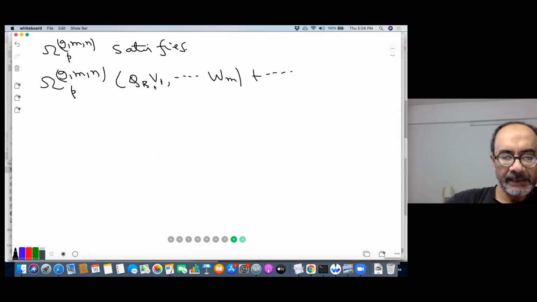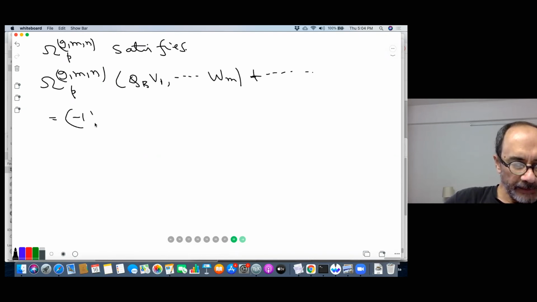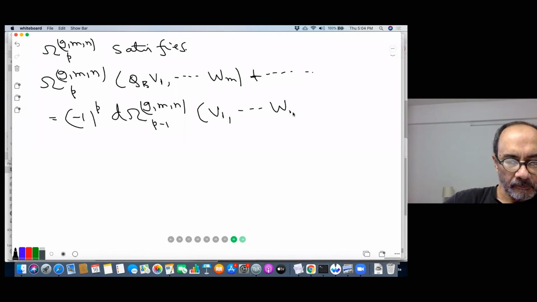These terms basically correspond to QB acting in turn, with the minus 1 to the V factors picked up, this is minus 1 to the P d omega. As you know, this identity is essential to show the section independence.